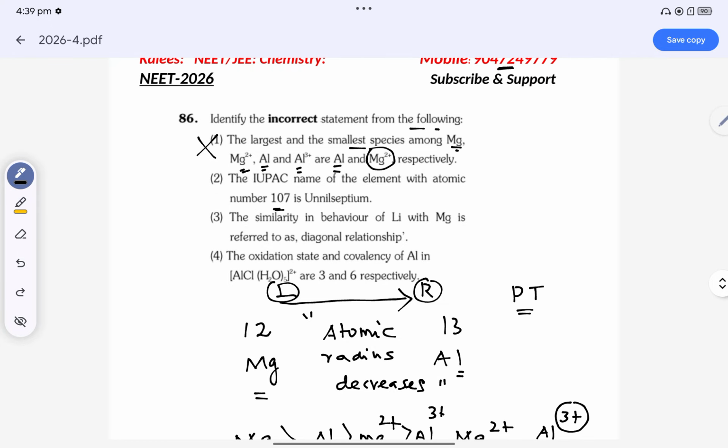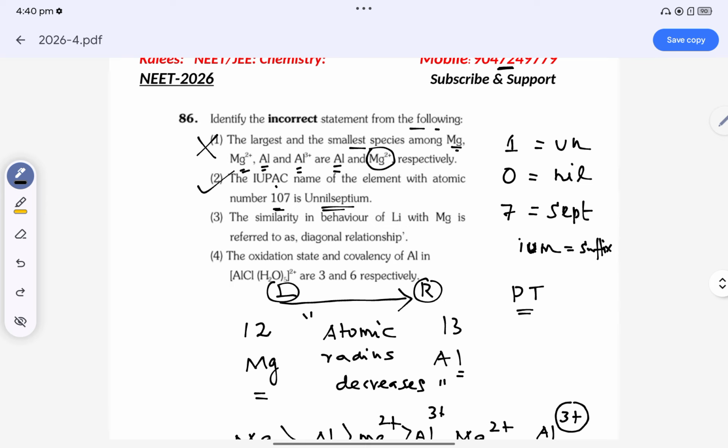As per the IUPAC nomenclature, 1 stands for un, 0 stands for nil, and 7 stands for sept. Ium is the suffix. So you may get the name ununseptium. This one is correct.